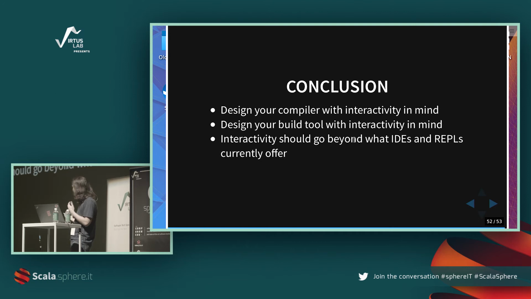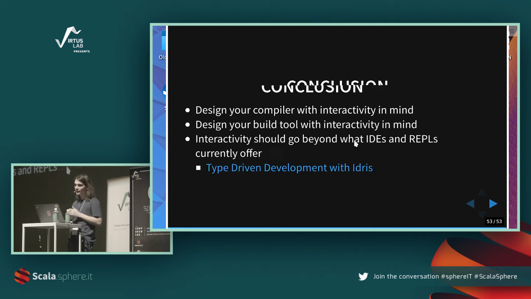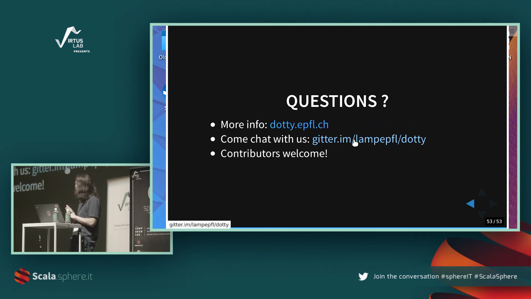We can go beyond what current IDEs and REPLs offer. A very good food for thought is what IDEs do, and there's this book, Type-Driven Development with IDEs, which goes into detail on what they do. I think we can get a lot of inspiration from that. All right, I think I'm done, unless people want more demo stuff.